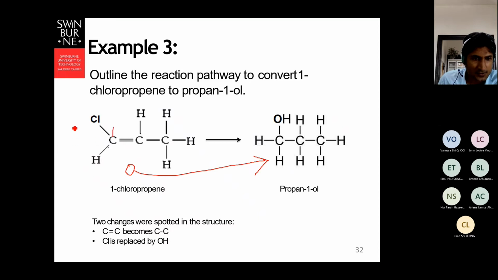One hydroxyl goes there, and one hydrogen goes here. And of course, since this has to be broken, otherwise there are 5 bonds to carbon there, which is wrong. So propan-1-ol, how do we produce this from here to here? It looks like an O, but it is not an O, of course.